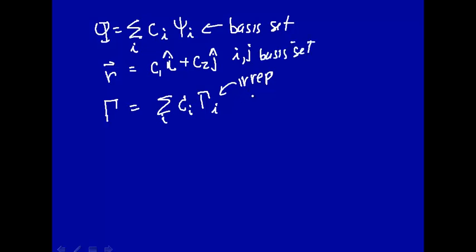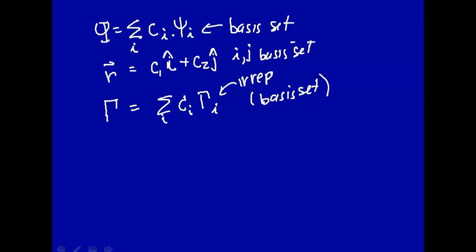So the irreducible representations can be considered a basis set. And we can represent any representation as a linear combination of these irreducible basis sets, just like we did for these two cases before. And this basis set, if we define the multiplication like we did in the previous slide, is orthonormal.